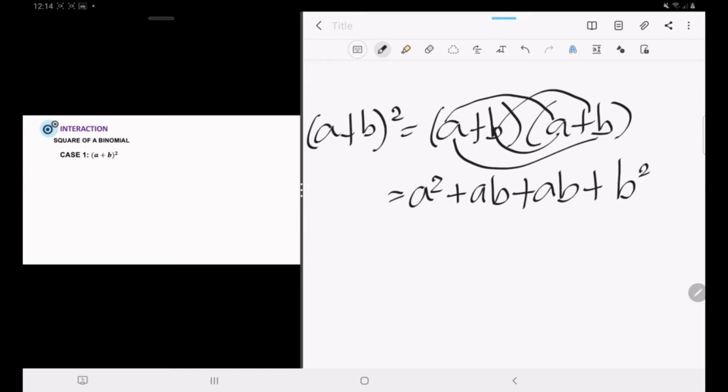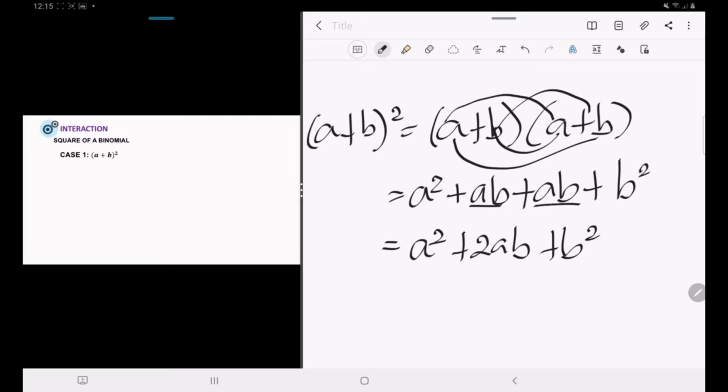Notice that we have similar terms, particularly ab and another ab. So we have to combine these similar terms. So we have here a squared plus ab plus ab is 2ab, and then plus b squared.